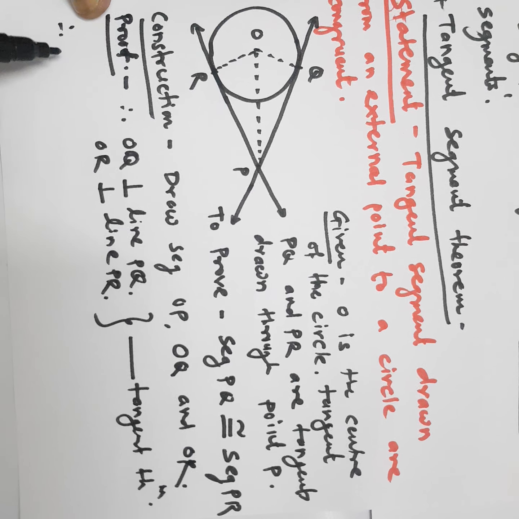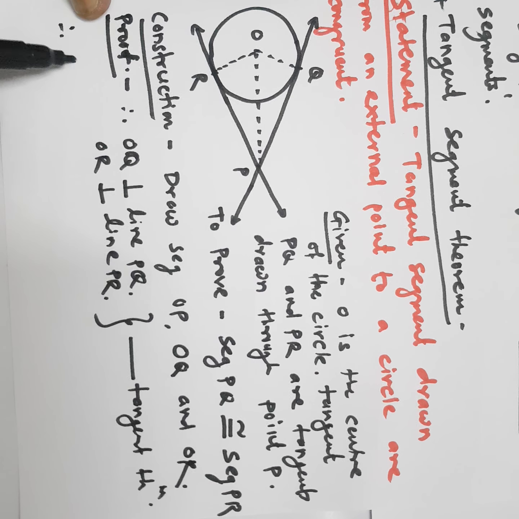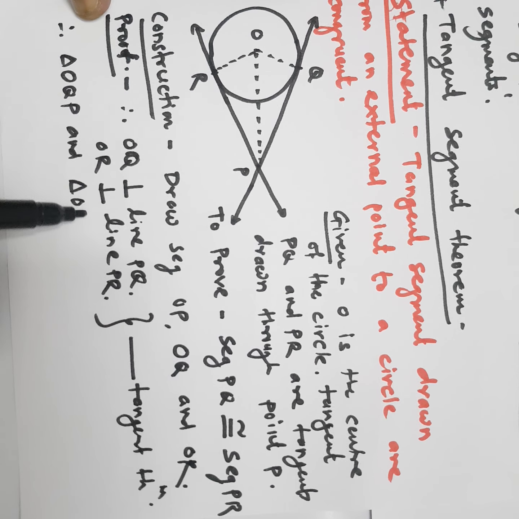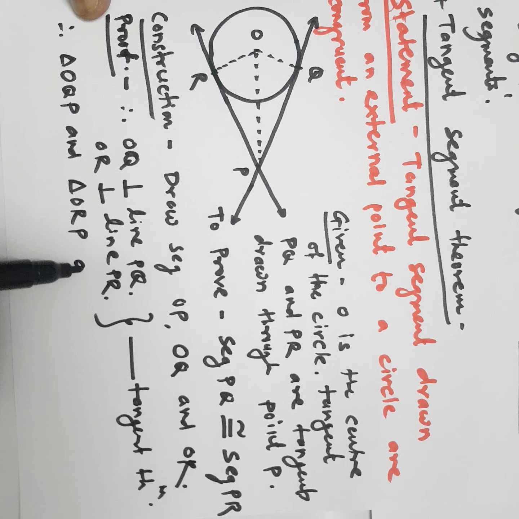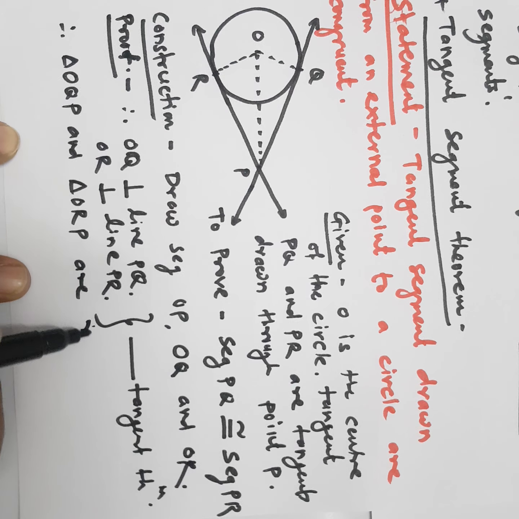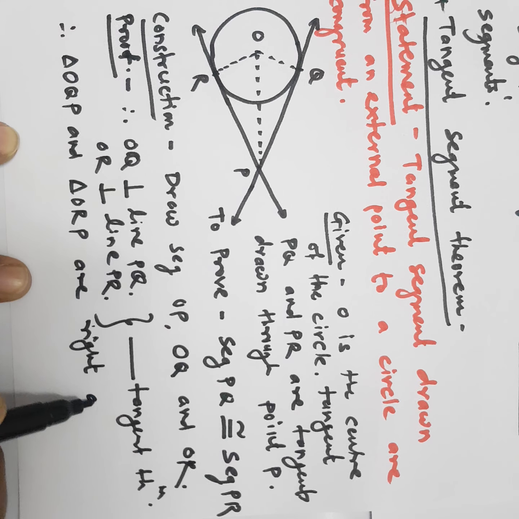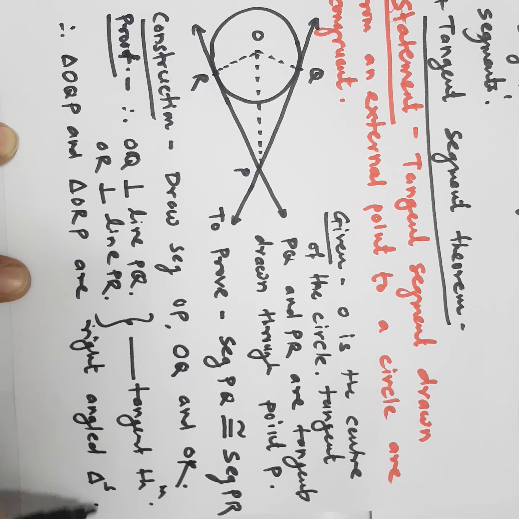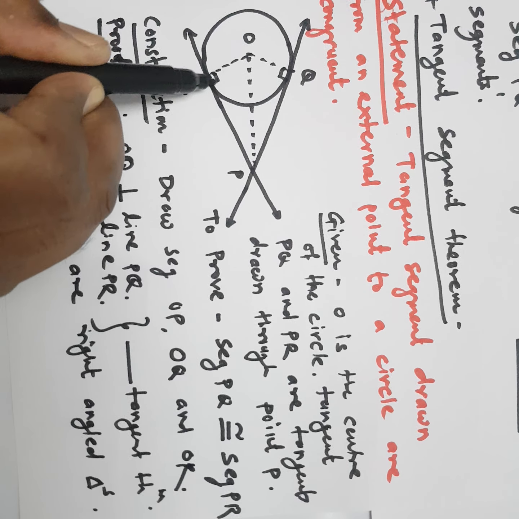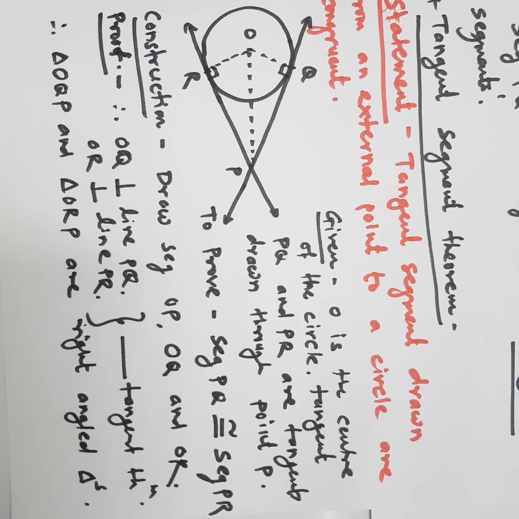Therefore, triangle OQP and triangle ORP are right angle triangles. Here these two angles will be 90 degrees each.